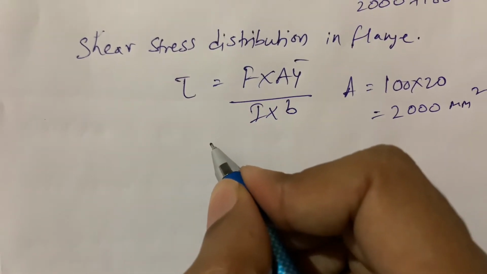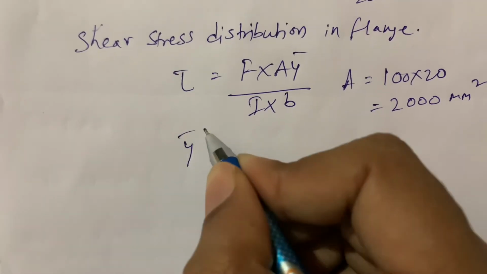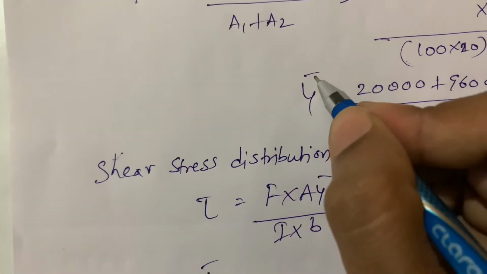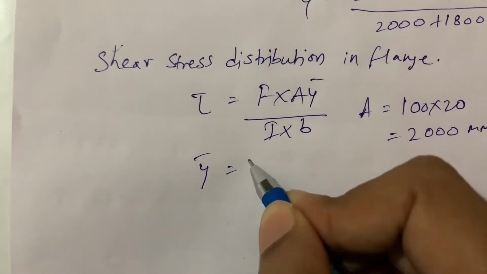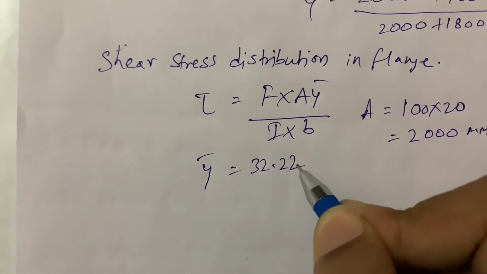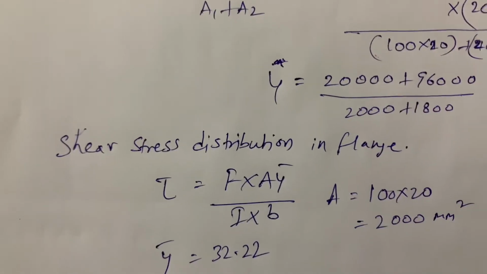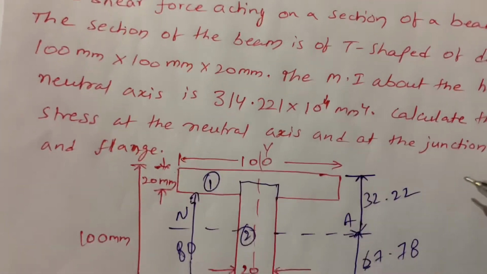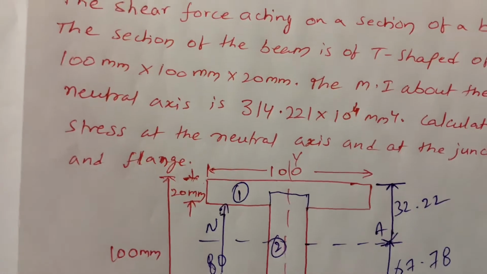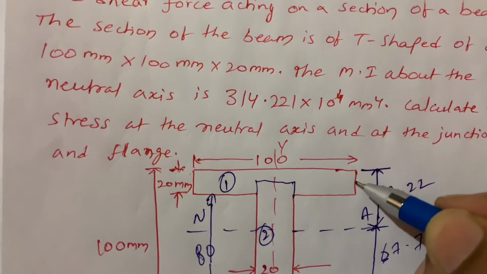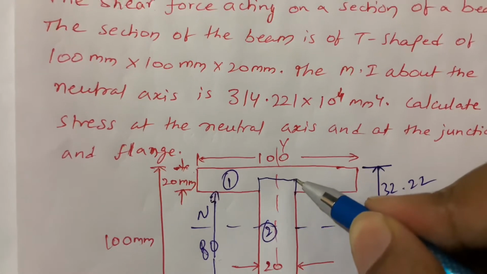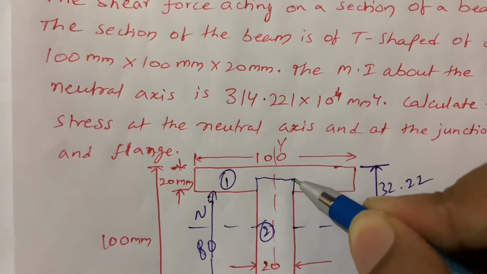Next, y bar. This is y, not y bar, and y bar is 32.22, which is the y distance on top of the flange. In this we have to take from this, because we are calculating the web portion.